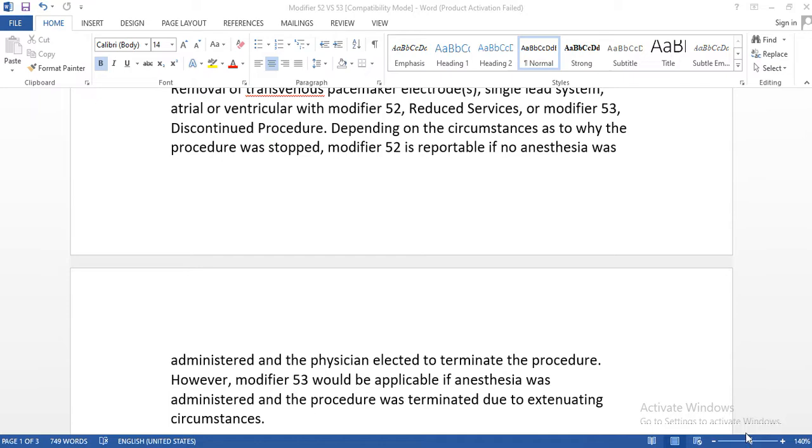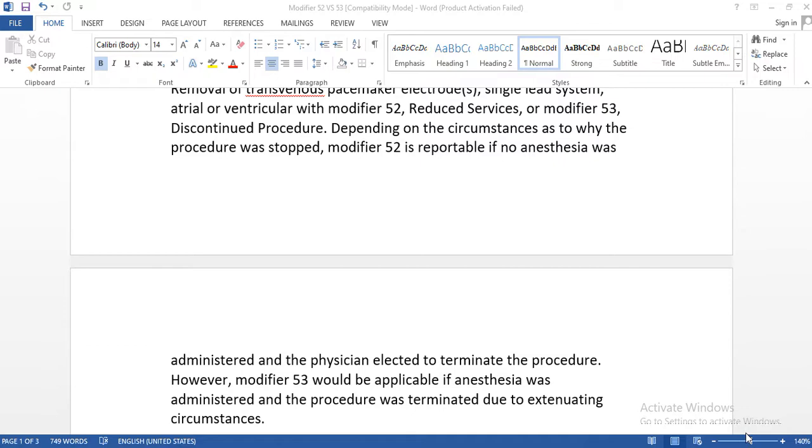Basically, in the 52 modifier, the procedure will begin and the physician will reduce the procedure based on the situation. In the 53 modifier, because of the patient's condition, the physician will discontinue the procedure. So whenever we have these types of situations, we need to check for keywords like reduced service, physician has cancelled the procedure, discontinued the procedure.